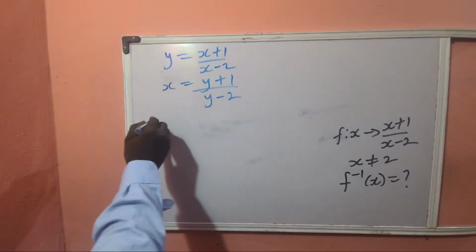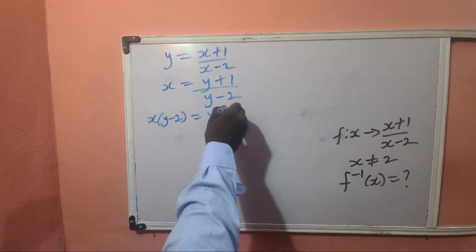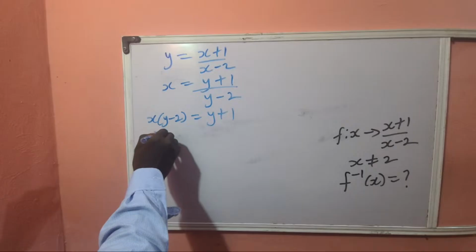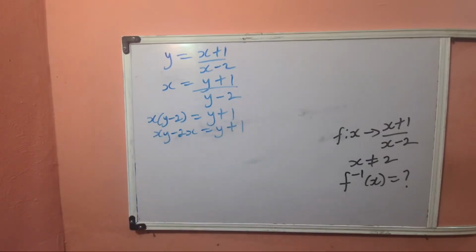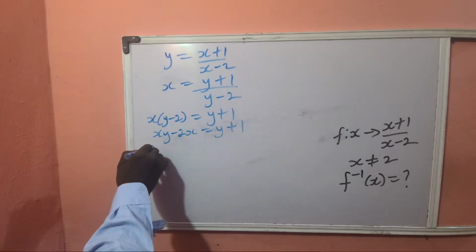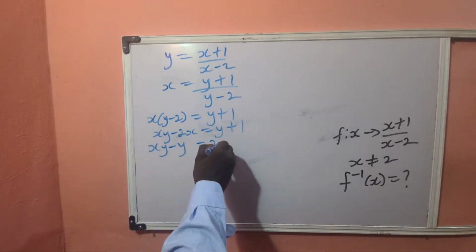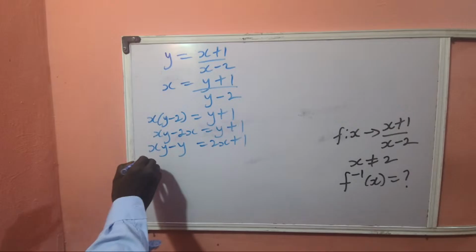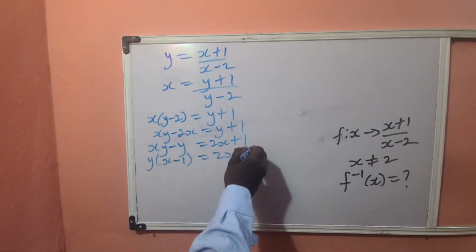All right. And step 3 said, make y the subject of formula. So what I do here is to cross multiply. I have x into bracket y minus 2 equals y plus 1. This will be xy minus 2x equals y plus 1. So I go on to categorize where I have my y into one side. This will be xy minus y equals 2x plus 1. I have y into bracket x minus 1 equals 2x plus 1.